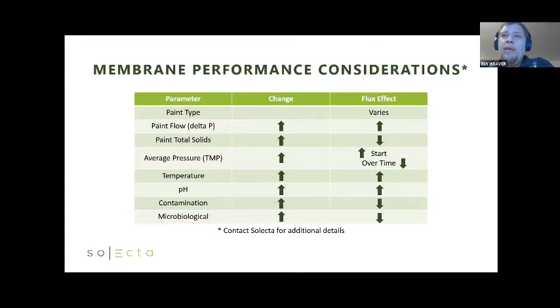And then when it comes to pH, and when it comes to membrane chemistry, typically with an increased pH, you are going to see improved flux performance. Now that's just from chemistry alone. There's going to be other implications for this. For instance, say you add acid to your paint bath to bring the pH a little bit lower. You may actually see an improved performance from the UF system, but it's not necessarily due to the fact that we're lowering pH.